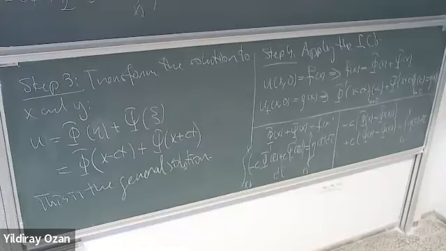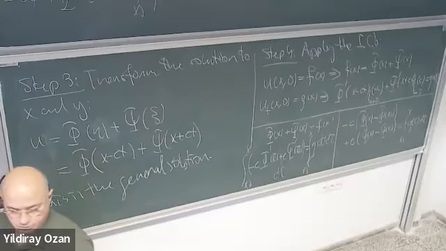So it will add up to 1 over 2 times f(x minus ct) plus f(x plus ct) plus 1 over 2c integral from x minus ct to x plus ct g(tau) d tau. Okay, so that's the general solution.